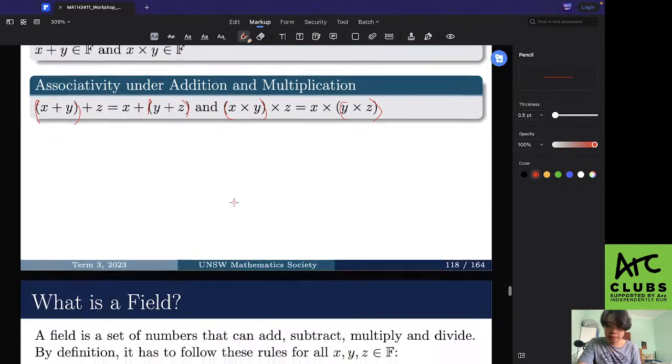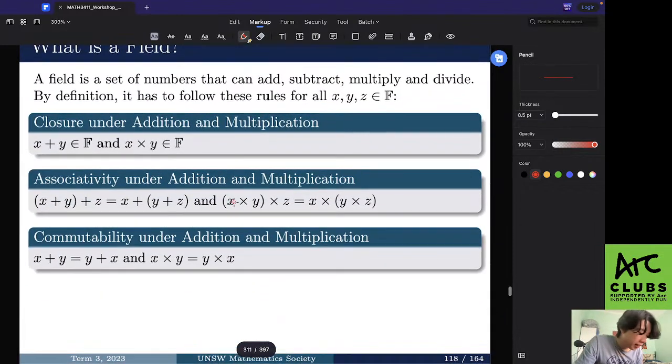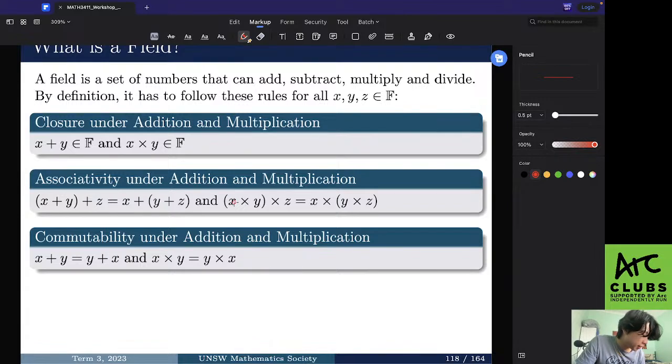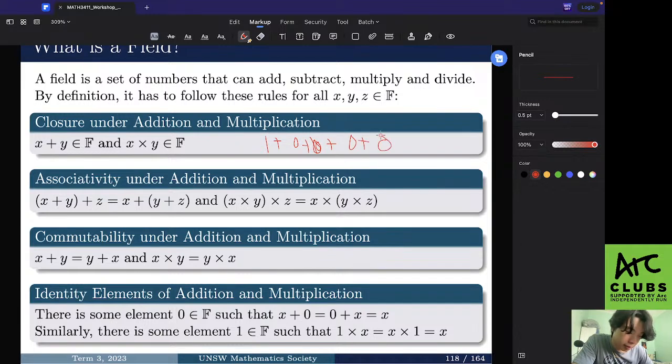And the next thing is commutativity. It just means it doesn't matter what order the elements are in, right? x plus y and y plus x are the same, and similarly, x times y and y times x are the same. We have an identity element for multiplication too. If we take 6 and we keep multiplying it by 1, it's still going to end up as a 6.